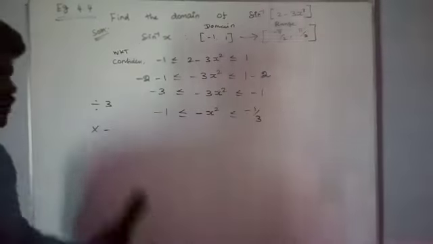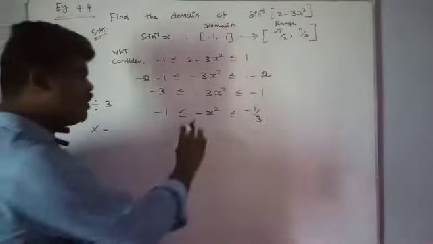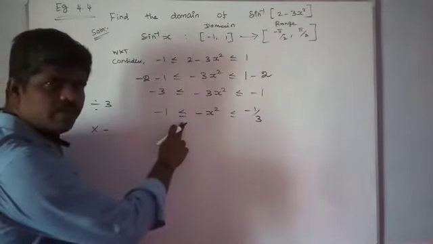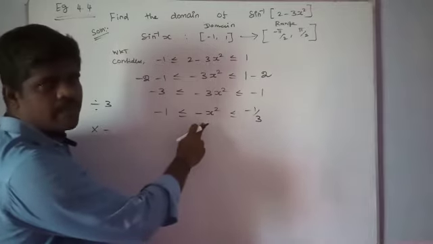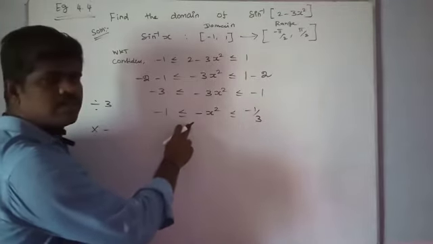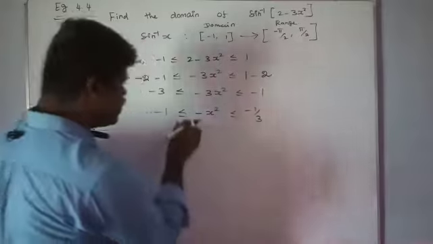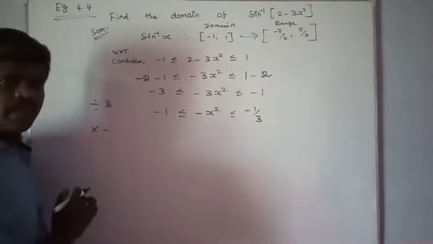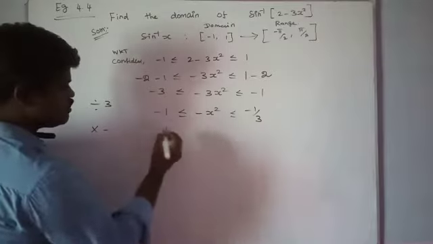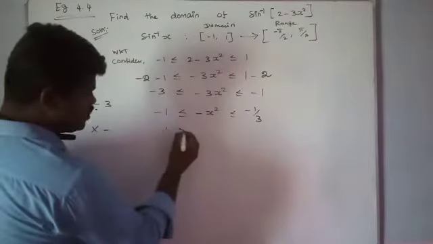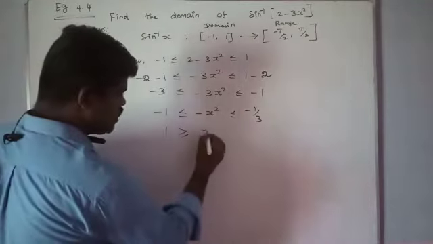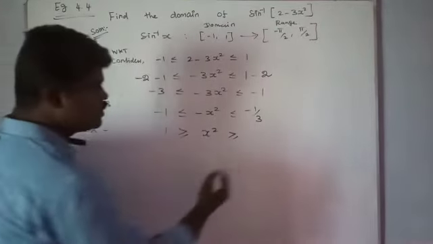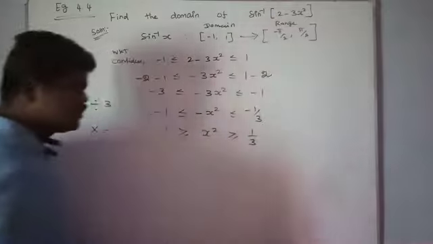If we multiply by minus, the inequality must be changed. If less than becomes greater than, if greater than becomes less than. So we get 1 greater than or equal to x squared, greater than or equal to 1 by 3.